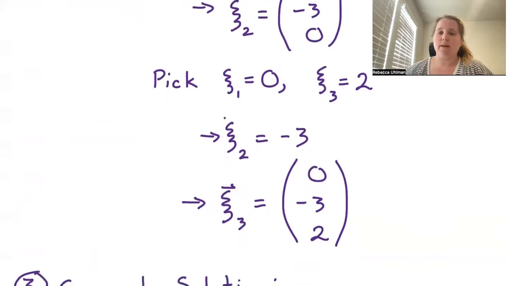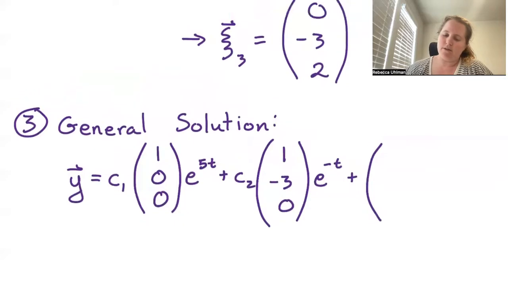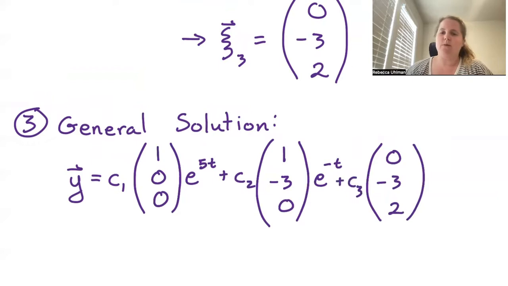This corresponded to lambda equaling negative 1. So we have 1, negative 3, 0 times e to the negative t. And then our last eigenvector, we have 0, negative 3, 2. Sorry, we should have a plus C3 times 0, negative 3, 2, again, times e to the negative t.